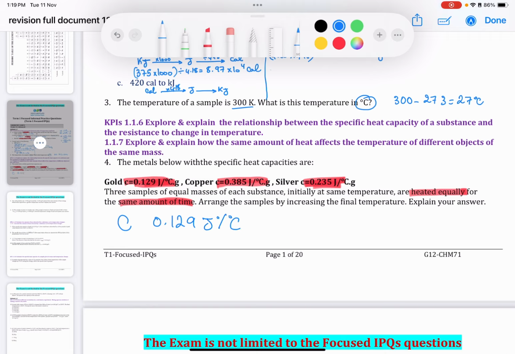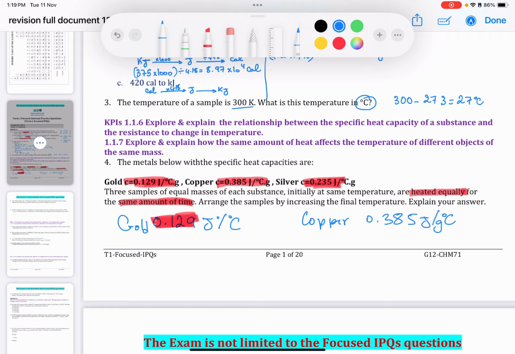It means to raise the temperature of gold 1 degree Celsius, we only need 129 joules of energy. Whereas if I want to raise the temperature of copper, for example, I need more energy to raise the temperature of copper by 1 degree Celsius.